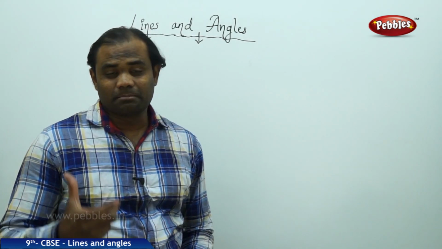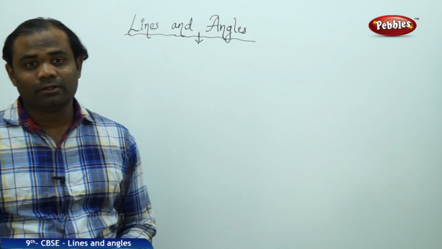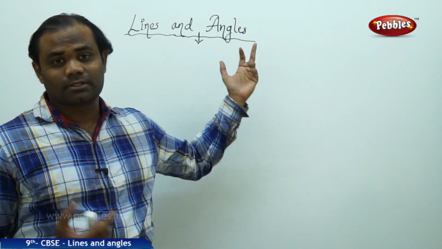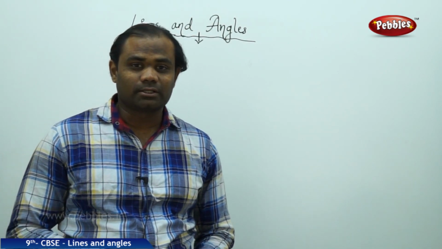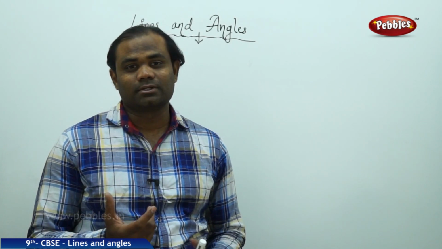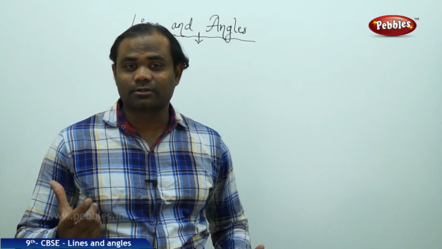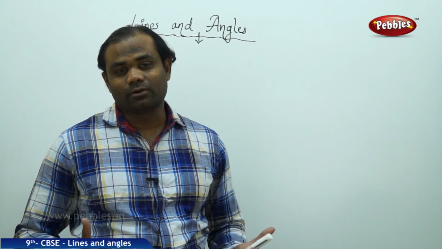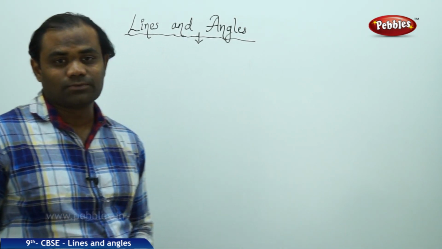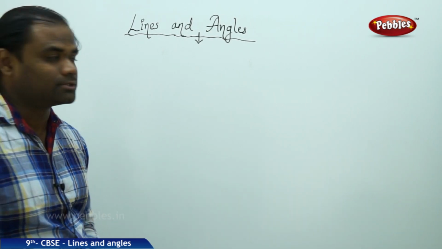Now that we have seen some basic terms essential for understanding lines connected with angles, it's also important to understand some extended basic properties like the collinear points or the non-collinear points on the line. So what are collinear and non-collinear points is what we're going to discuss in this session.